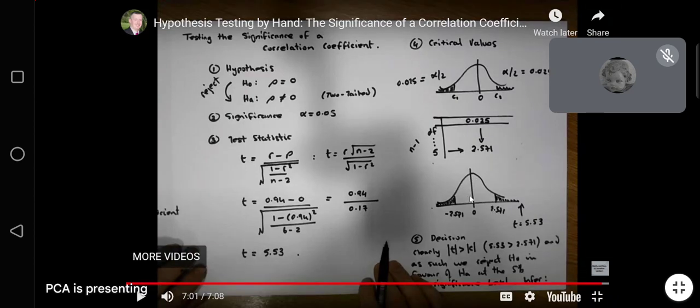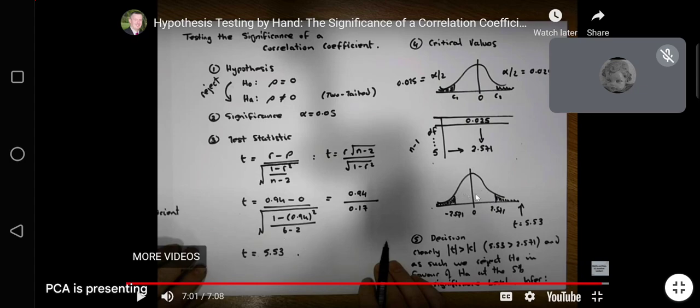That is critical. If that will be the result, meaning 5.53, then the null hypothesis... let me repeat. Suppose the value is not 5.53 and it is in between negative 2.571 and 2.571, including 0.